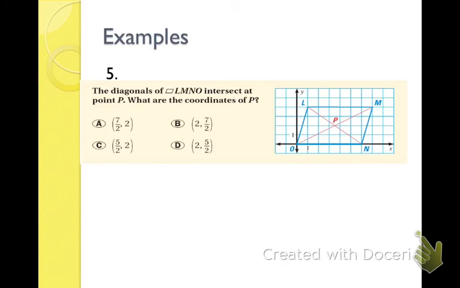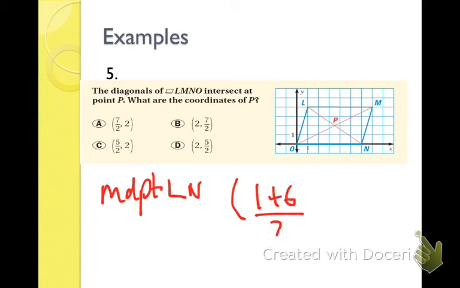Midpoint of LN: the x value of L is 1, and the x value of N is 6. 1 plus 6 divided by 2.